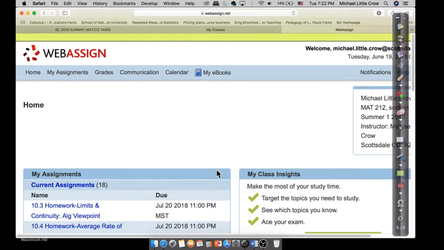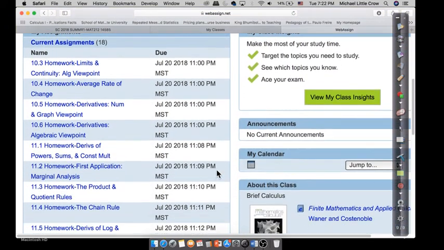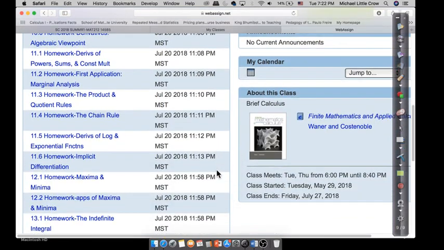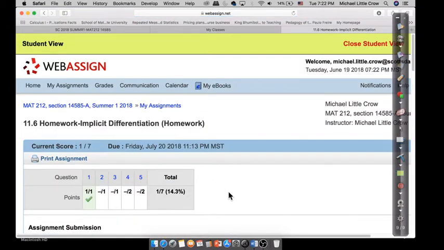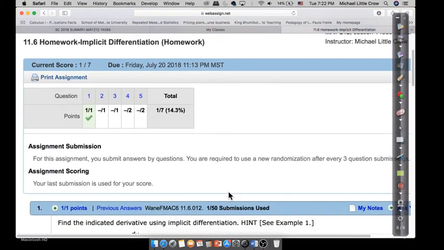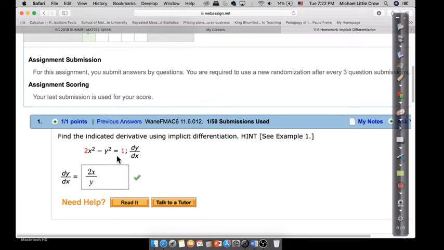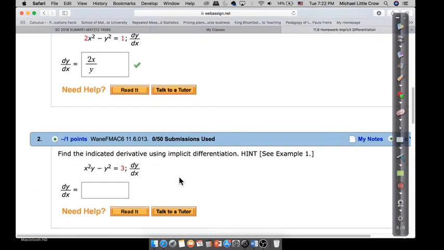Okay, so we'll look at this. And let's take a quick look at 11.6, because that's a shorter one. Oh, there's only 5. Yeah, so there's one fairly straightforward, just an x and y, find dy dx.